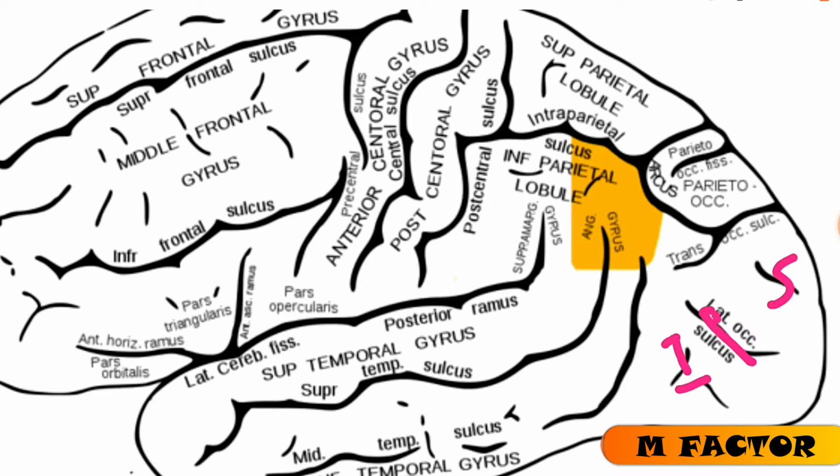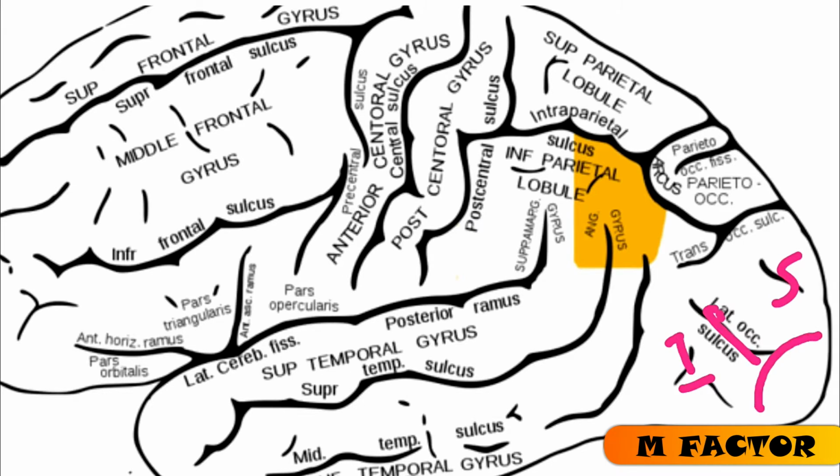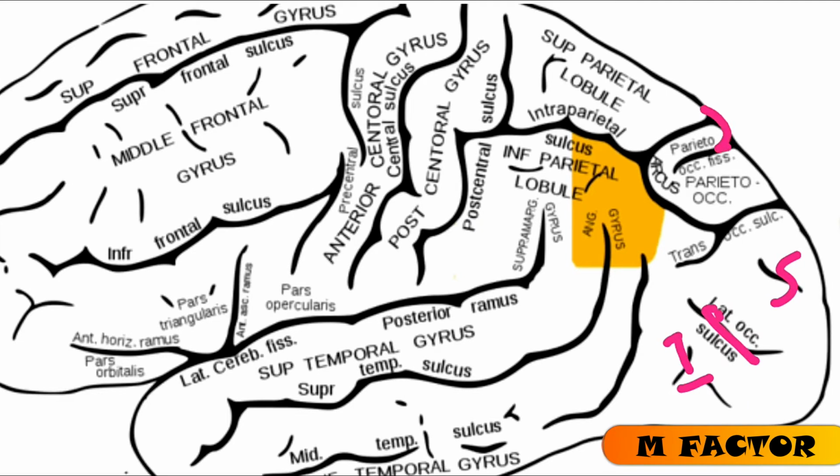Both of these gyri, the inferior and superior, are separated from the occipital pole by the lunate sulcus, and this is the parieto-occipital fissure or parieto-occipital sulcus that divides the parietal lobe and the occipital lobe. And the area around the parieto-occipital sulcus is called the arcus parieto-occipitalis.